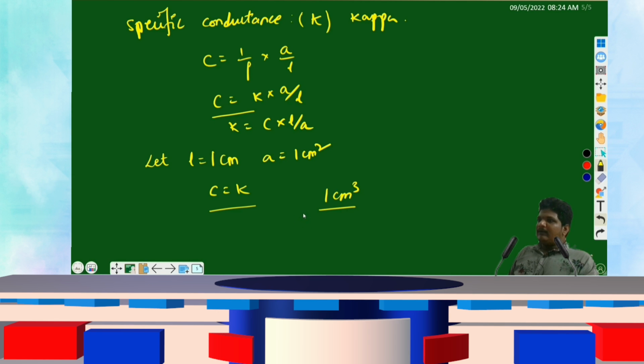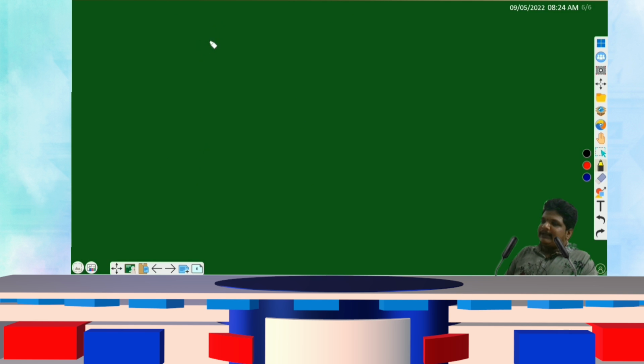Now let us derive the units of conductance and specific conductance. As we know, the unit of resistance is ohm.